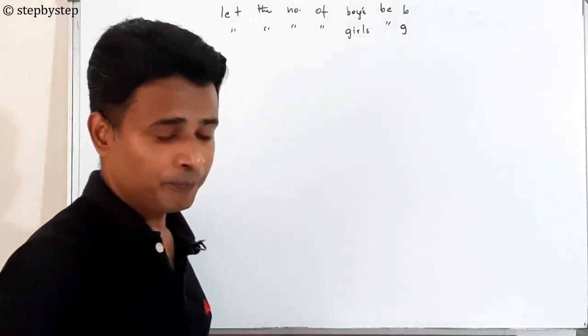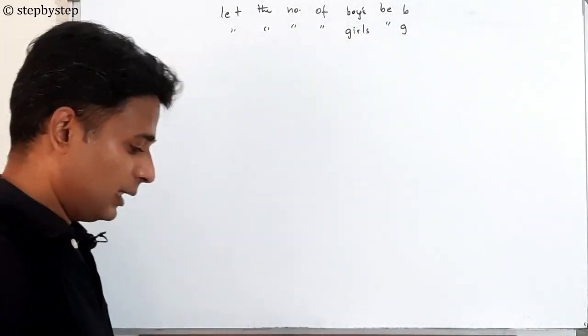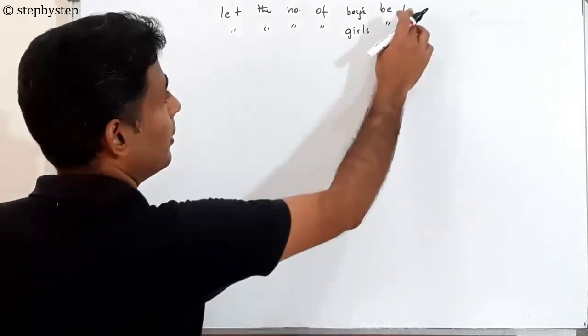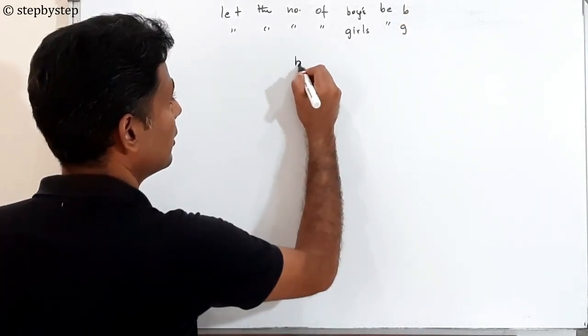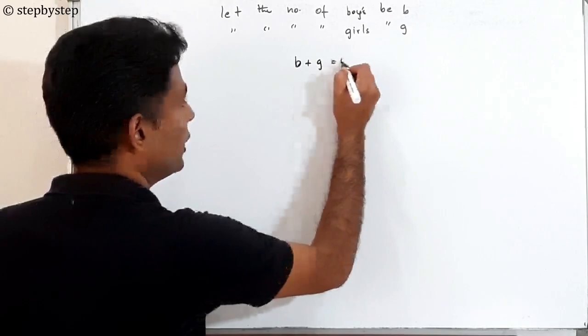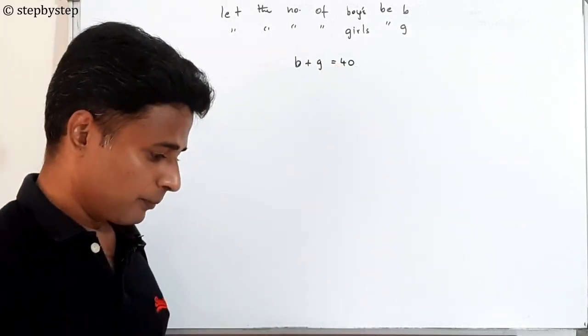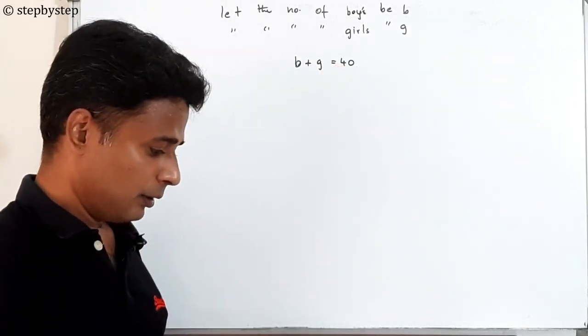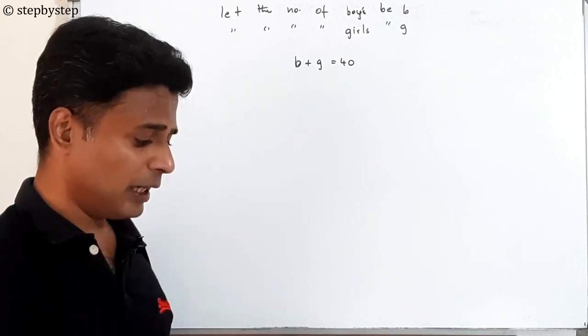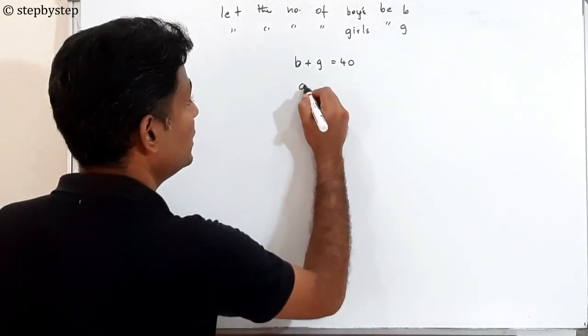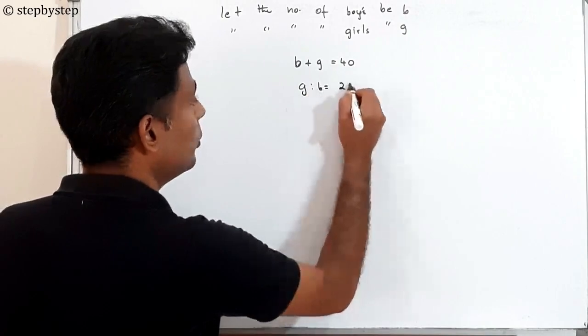Alright. Now what is the first thing they have told? In a class of 40, which means b plus g is 40, right? The ratio between girls and boys is 2:3. So g is to b is 2:3.